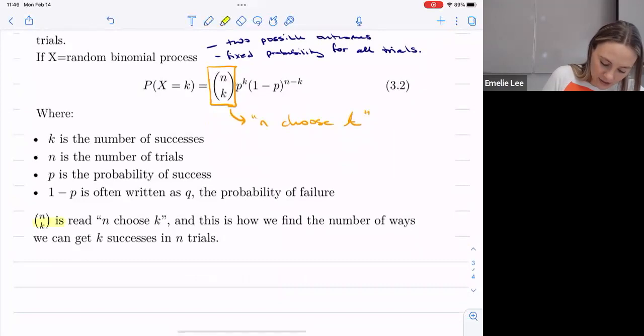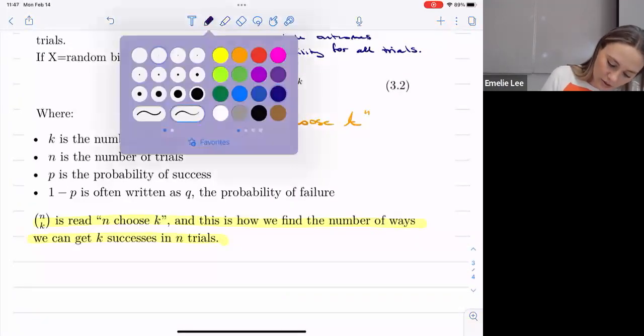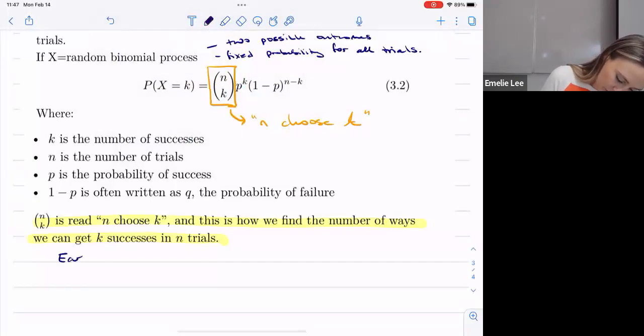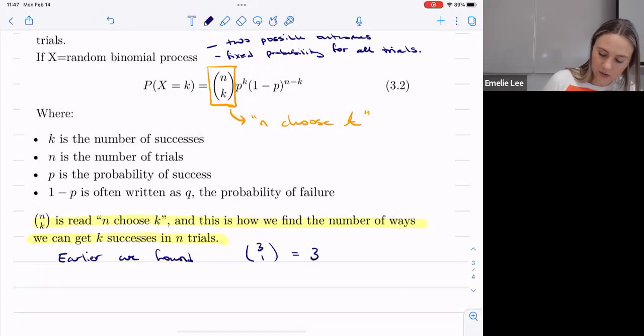But the key thing here is this is how you find the number of ways that we can get k successes in n trials. So earlier we found that 3 choose 1, in an outcome with 3 trials, 1 success was 3, right? 3 branches.